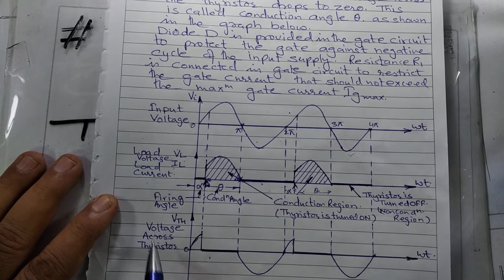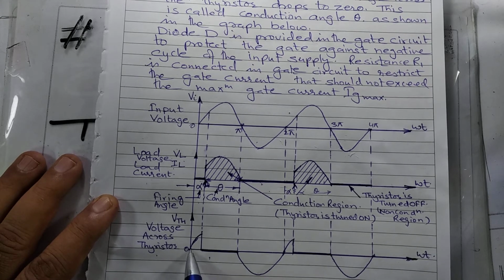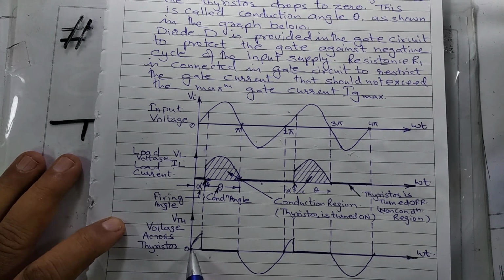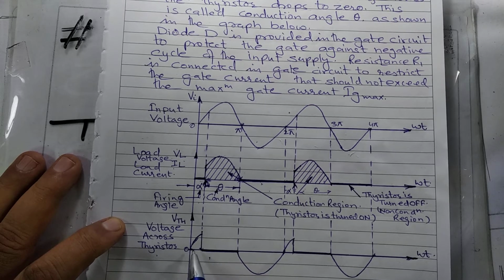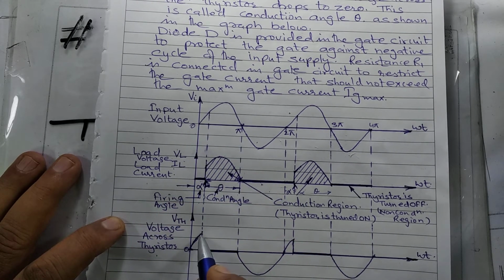Now the last one is voltage across the thyristor. We can see that during this period, the SCR or thyristor is off. So all the supply voltage appears across the thyristor.